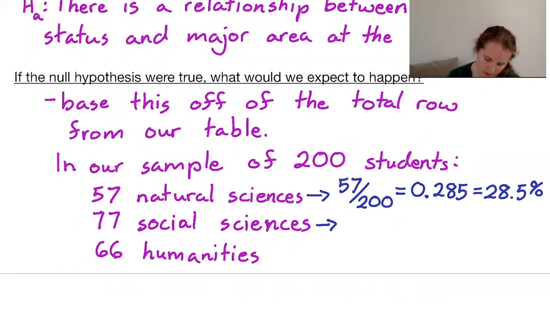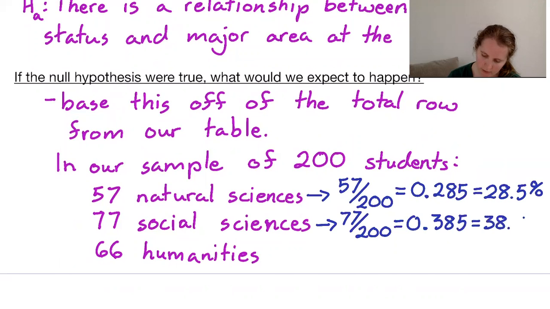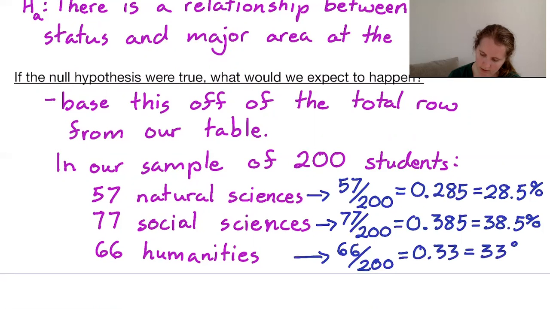In our social sciences, we have 77 out of 200, or 0.385, or 38.5% are in our social sciences. And then for our humanities, we have 66 out of 200, or 0.33, or 33% were in the humanities.